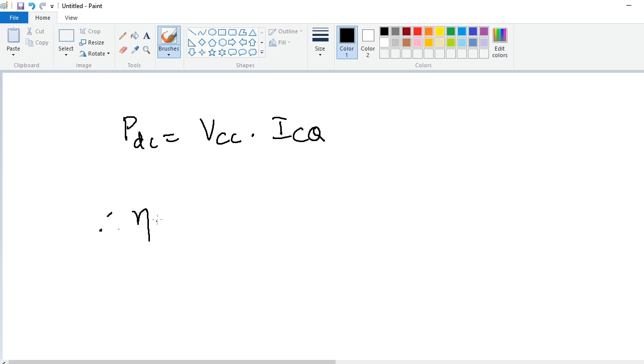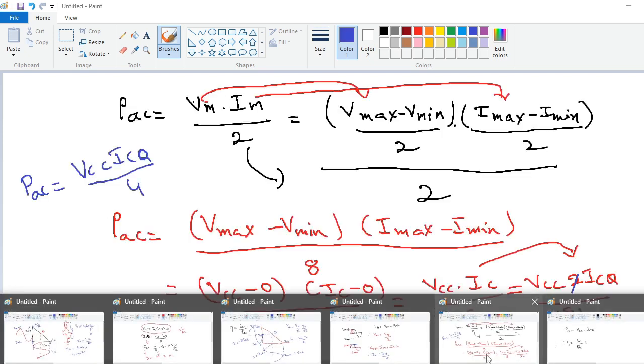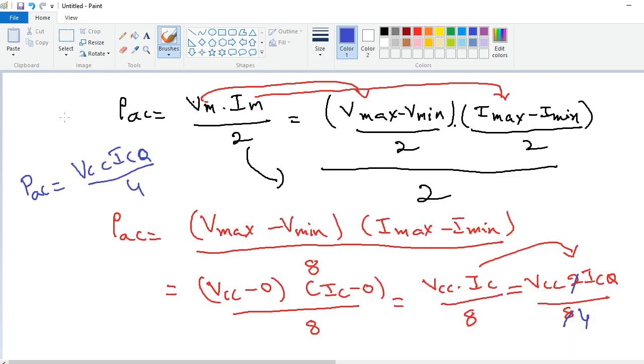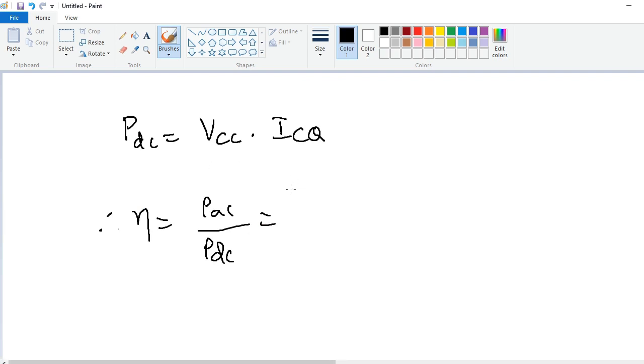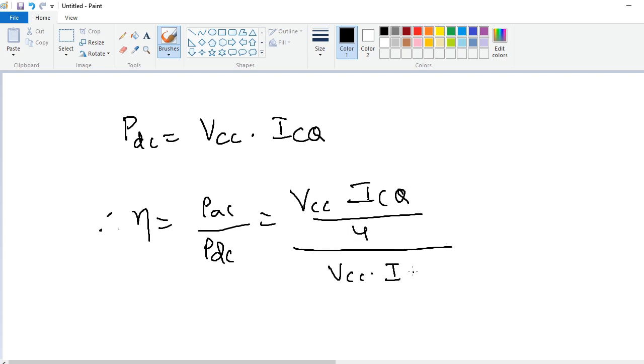Therefore, efficiency is equal to PAC by PDC, that is VCC into ICQ divided by 4, again divided by PDC, VCC into ICQ.